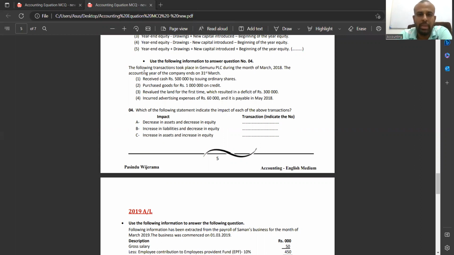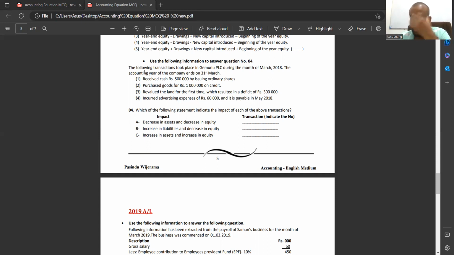The following transactions took place in Gamunu PLC during the month of March 2018. The accounting year of the company ends on 31st March. They have given 4 transactions. Which of the following statements indicate the impact of each of the above transactions? You need to identify the transaction number in front of it.